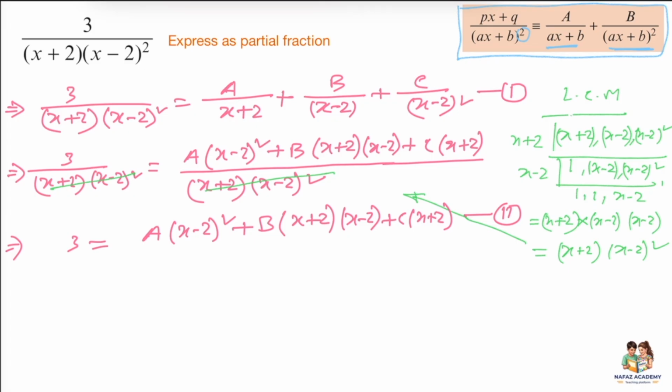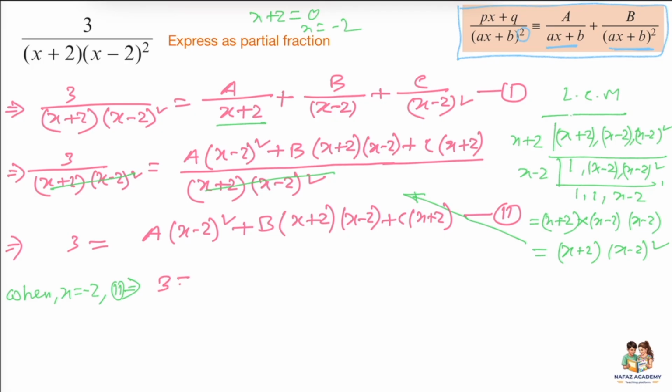Now we have to substitute the value in equation 2. At first for A, x plus 2 equals 0, x equals minus 2. Substitute x equals minus 2 in equation 2.